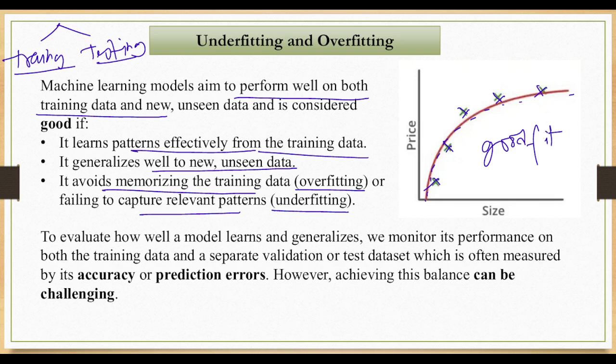To evaluate how well a model learns and generalizes, we monitor its performance on both training and a separate validation, also known as test data, which is often measured by its accuracy or prediction errors.